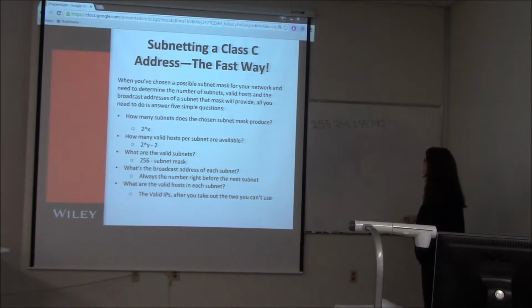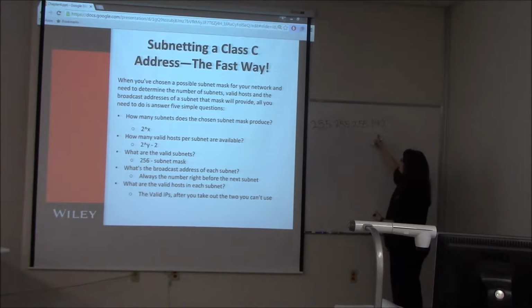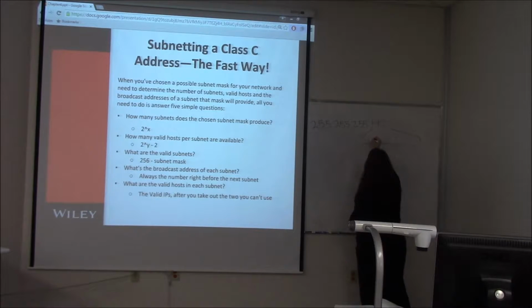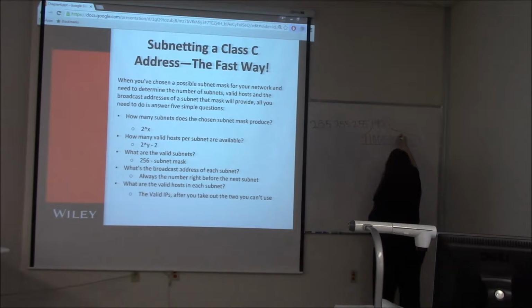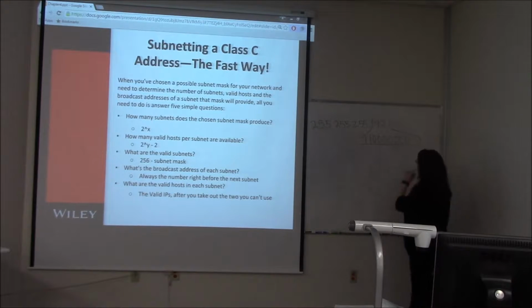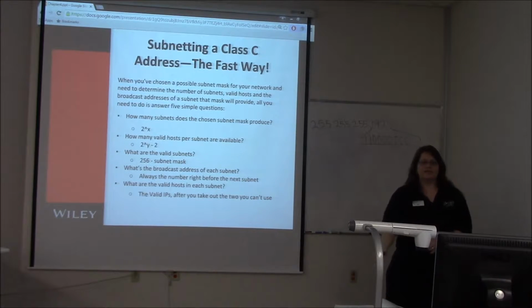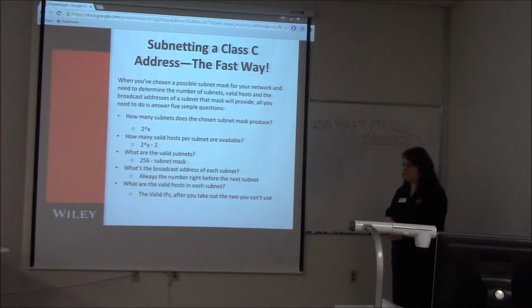This is what I do. First off, I'm going to turn this into binary. I'm looking at that last octet, so that's going to look like this, right? Because 128 plus 64 equals 192. So now I have my subnet mask in binary.